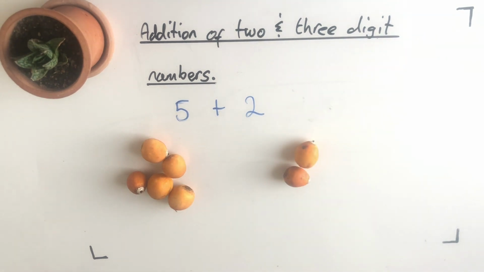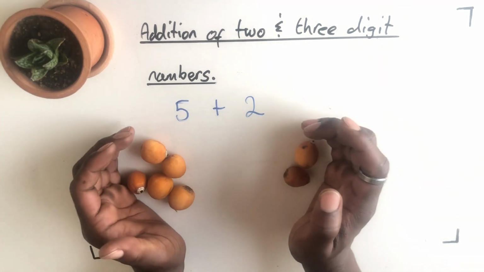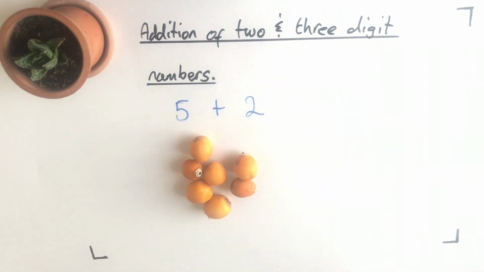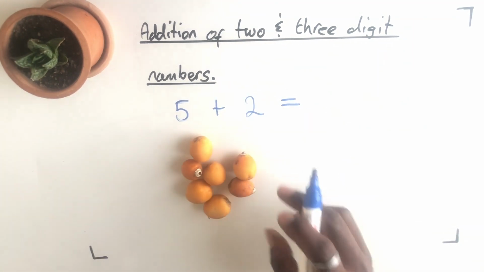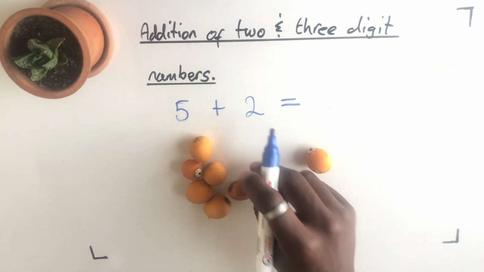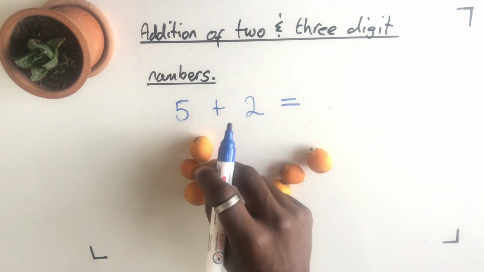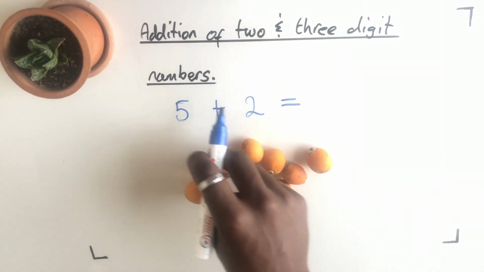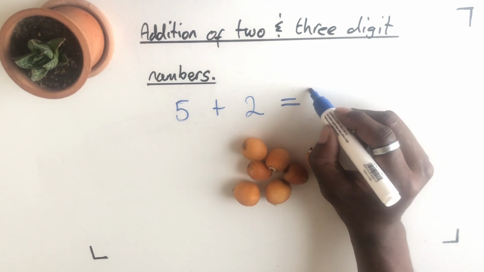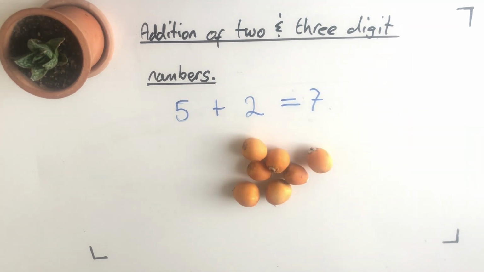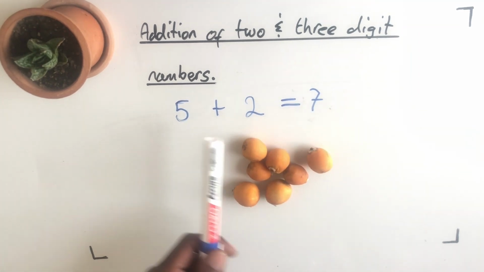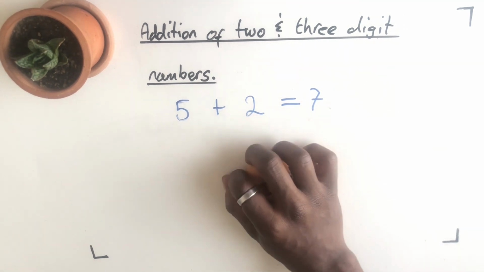Okay, now when I put these together, I've added them together, and that gives me 1, 2, 3, 4, 5, 6, and 7. Okay, so our sum of 5 and 2 is 7.